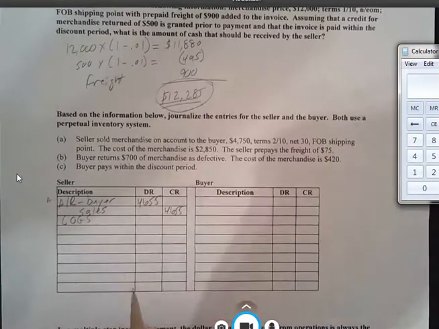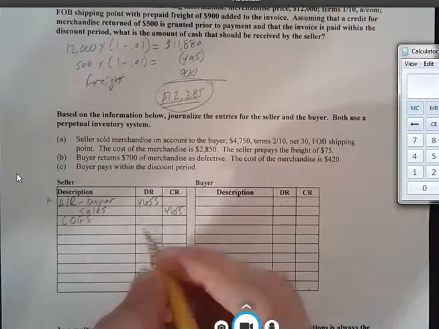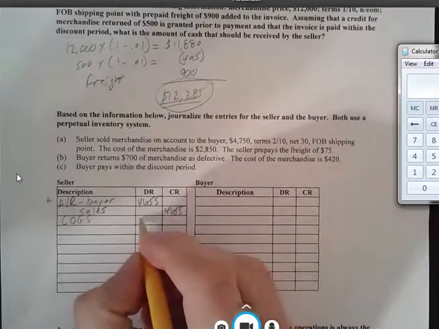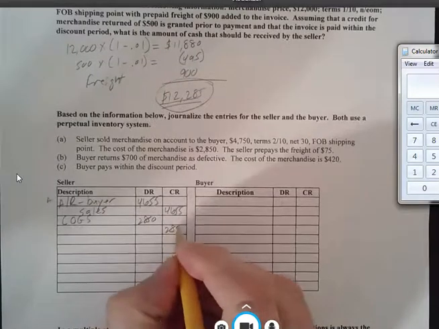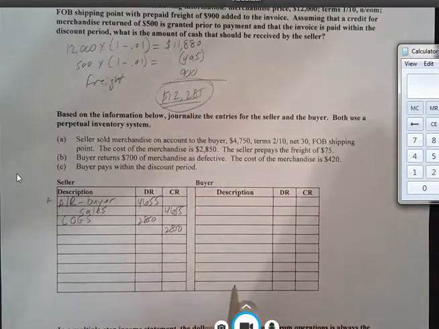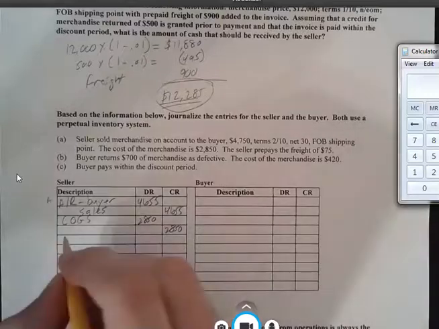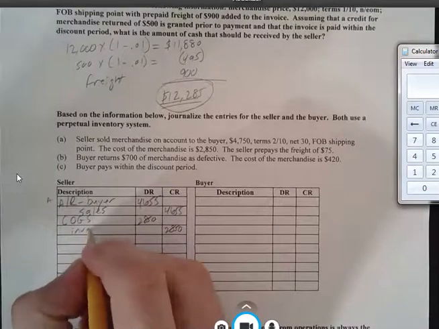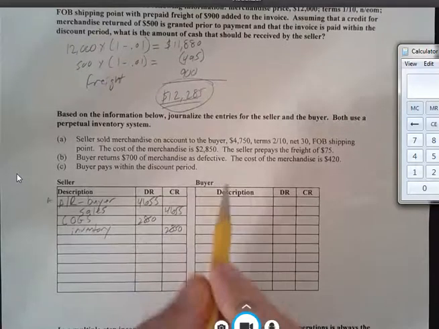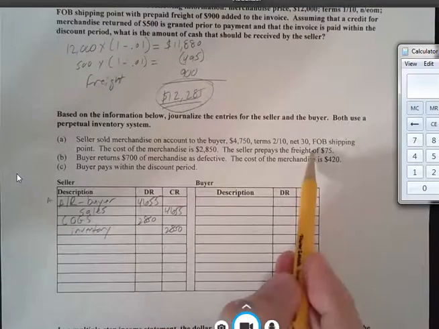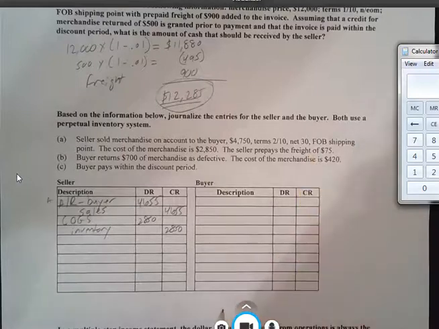That's our expense item, and they're giving us that information. It is $2,850. So we'll have a credit for $2,850. And that's strictly going to be the inventory that we no longer have. Yes? Yes. Okay, and it says here that the seller prepays the freight of $75.